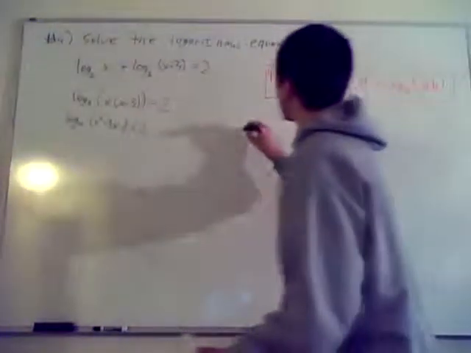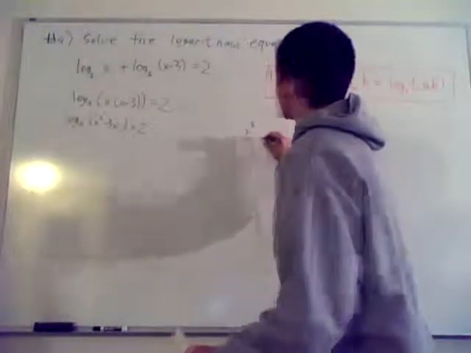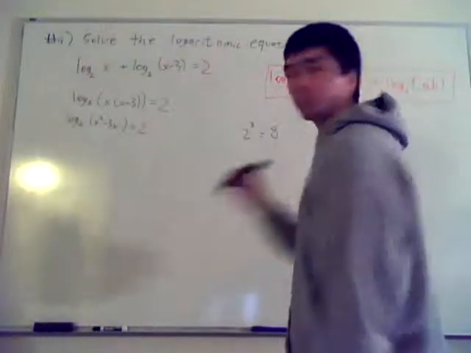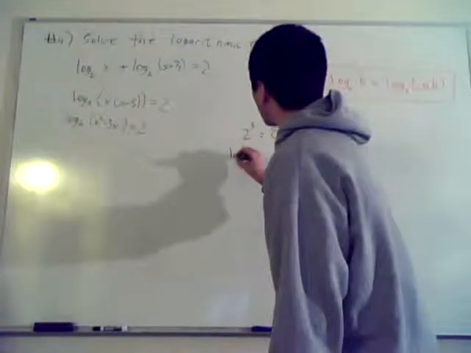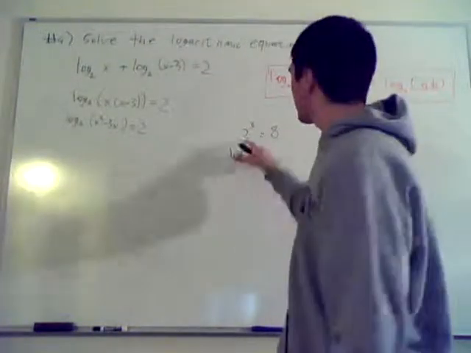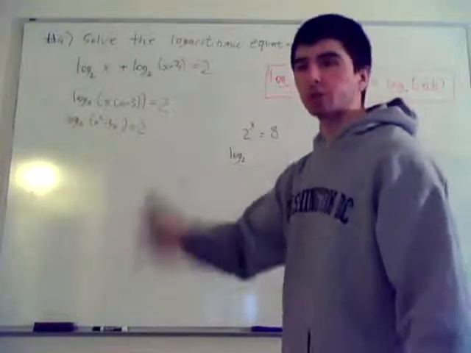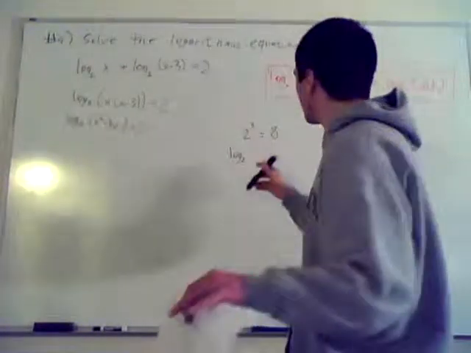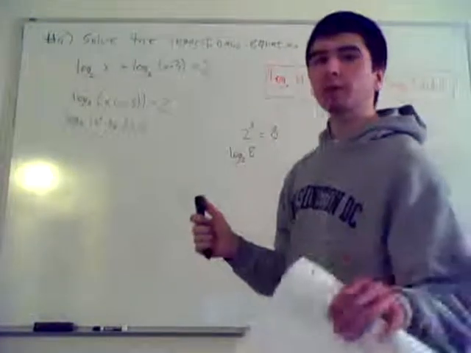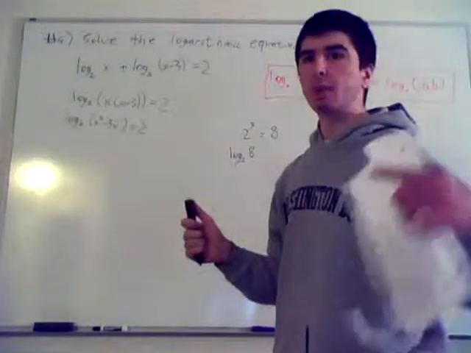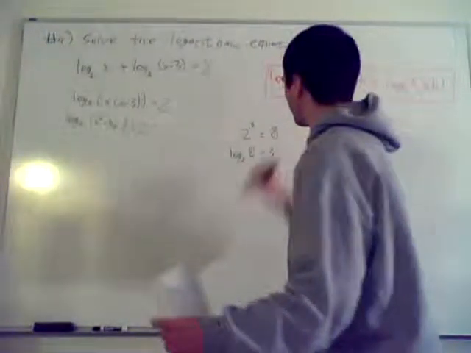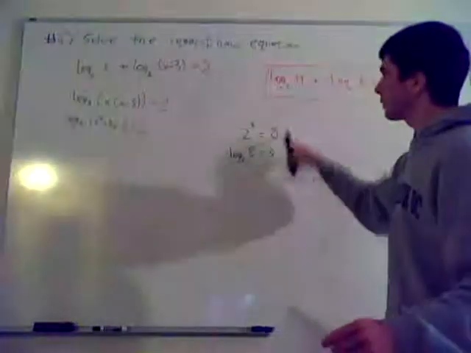If you say, for instance, 2 to the third, 2 times 2 times 2 is 8, then we would say the log base 2 of 8, in other words, how many times does 2 multiply into 8? What's the power we need? Equals, what power do we need? We need the 3, alright? So you have to remember this format.